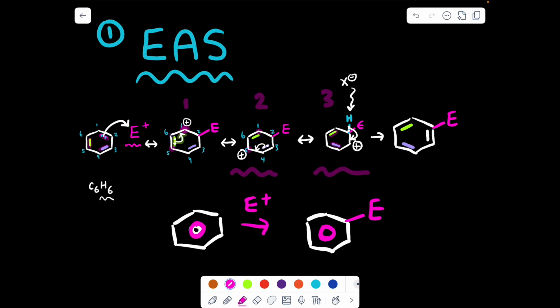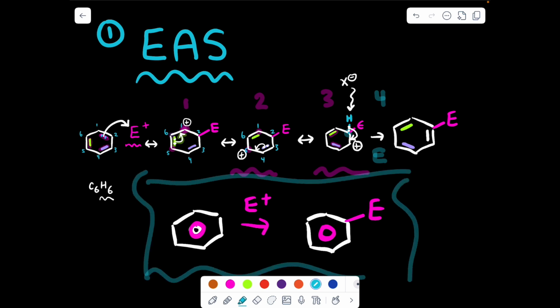And then finally, in step number 4, an elimination reaction occurs to regenerate aromaticity. So you draw in that 3rd pi bond, which is formed via an elimination reaction, where the hydrogen that is eliminated is always going to be the hydrogen attached to the carbon that grabbed that electrophilic group. Here it was carbon number 2. And that is the general mechanism and overview for EAS reactions.